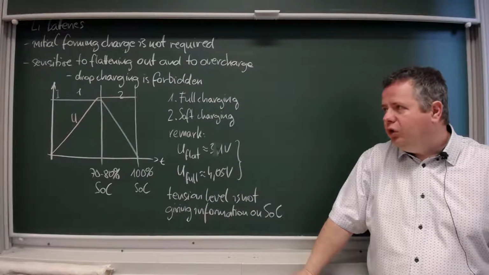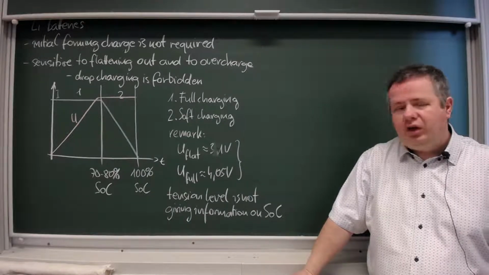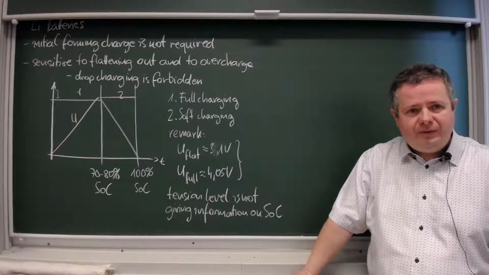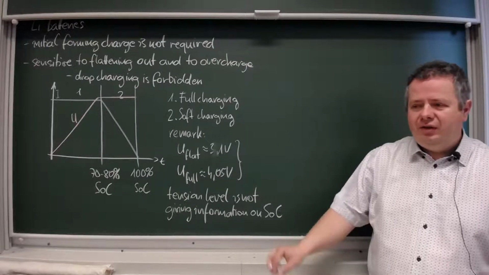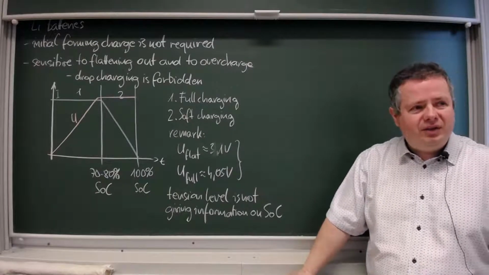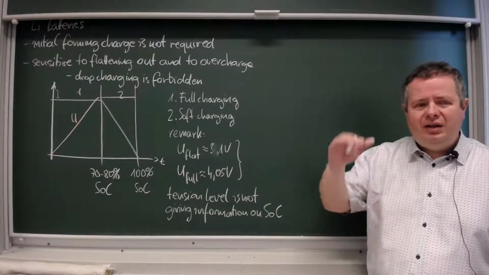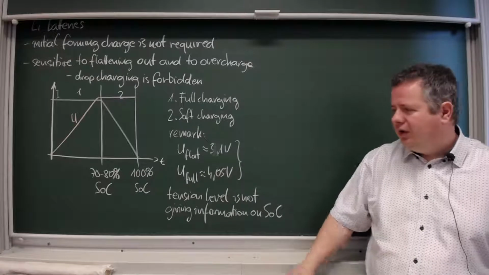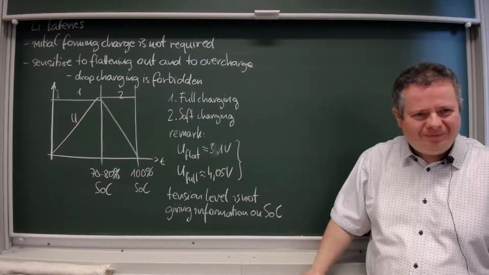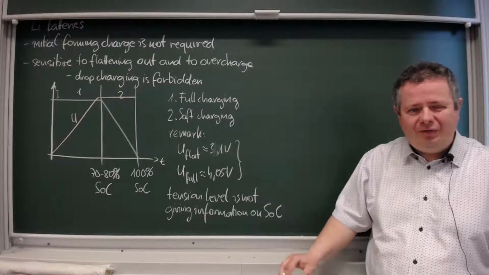So how can we measure the state of charge of lithium-ion batteries? For lead acid, you just plug in your voltmeter and you see the tension, and you see that it's somewhere between 10 and 14 volts. Here you won't see it at all by just a voltmeter.